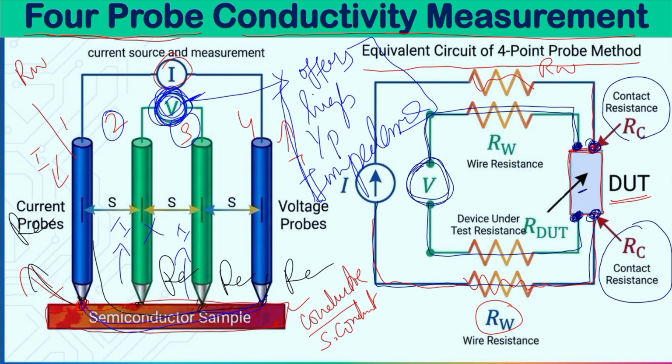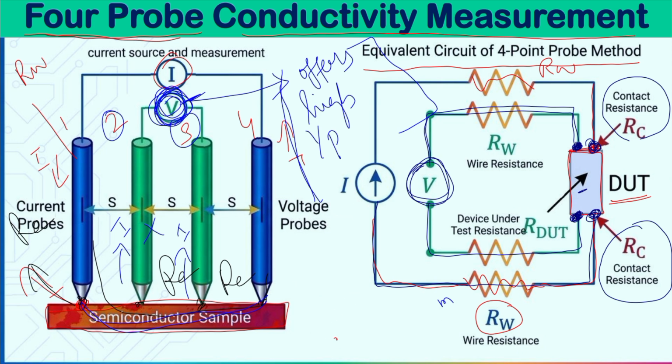That input impedance will be 10 to the power 12 ohms. So this is a very huge resistance value, a huge number, right?